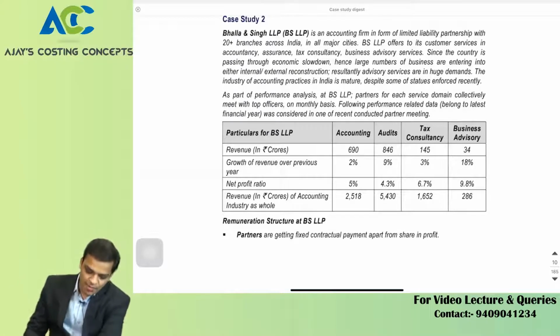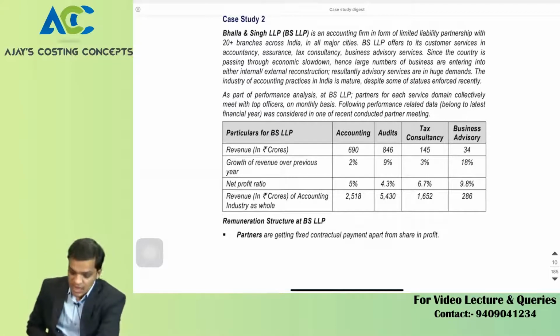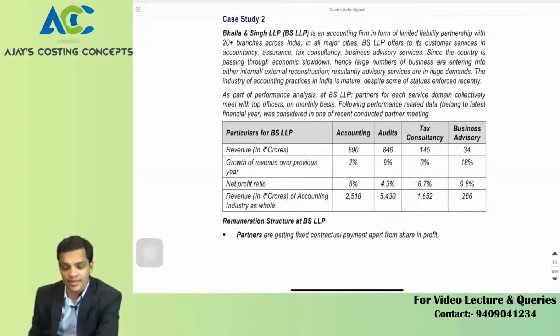Now, BS LLP is an accounting firm in the form of an LLP with 20 branches across India in all the major cities. BS LLP offers customer services in accounting, assurance, tax, consultancy and business advisory services. Since the country is passing through an economic slowdown, a large number of businesses are entering into internal or external reconstruction, so consultancy and advisory services are in huge demand.